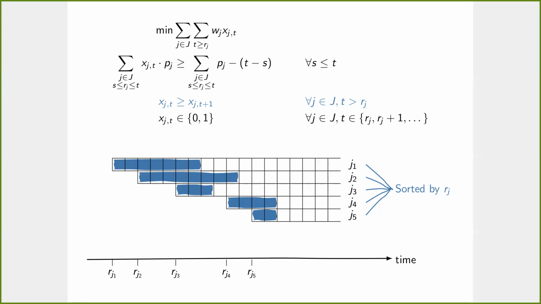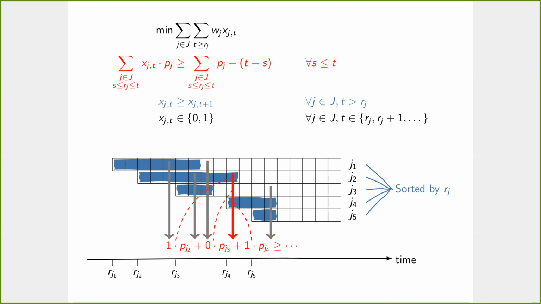I will not explain that this is equivalent, but instead I will focus on the structure of these covering constraints. It turns out that you can visualize these covering constraints very nicely in this picture by vertical rays. So each of these constraints, and we have one for every interval of time, corresponds to a vertical ray which starts at some point and then goes to -infinity.